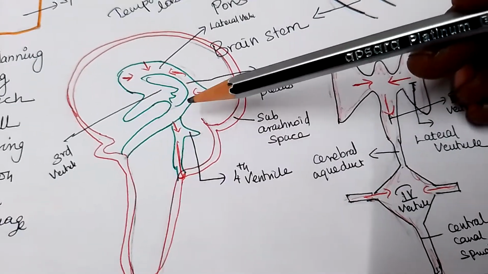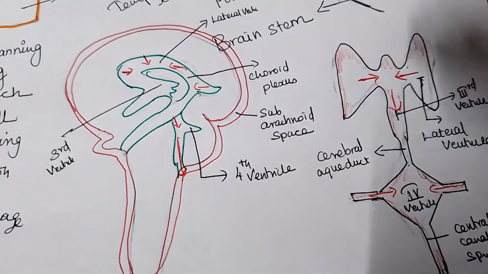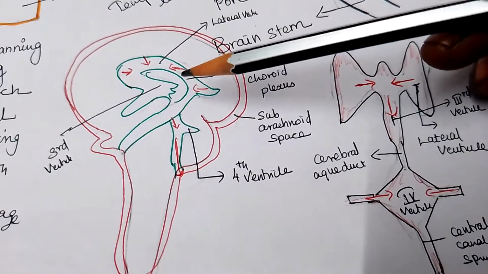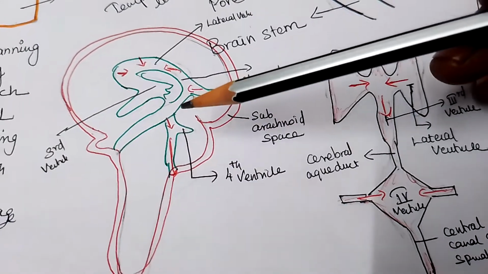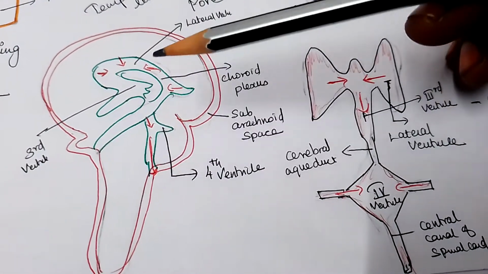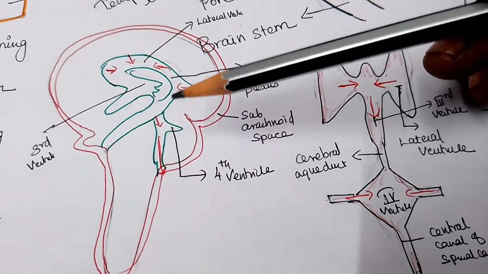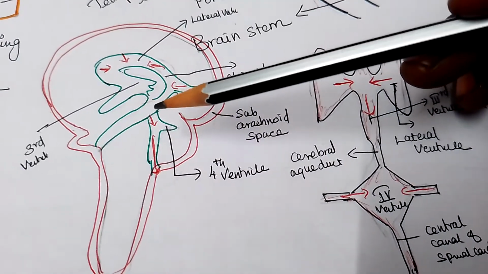The ventricles are composed of two lateral ventricles and one third ventricle, the narrow part, and one more called the fourth ventricle. What are the main functions of these ventricles?